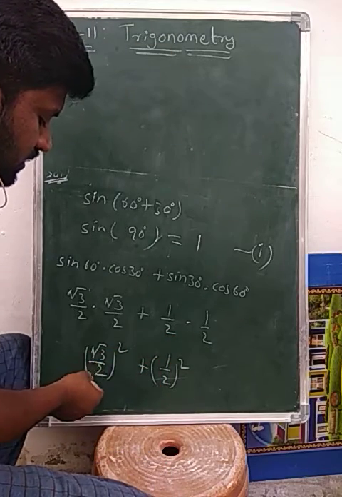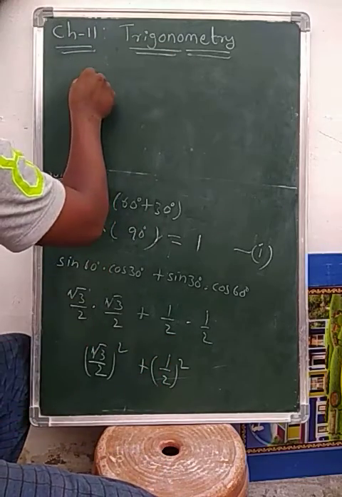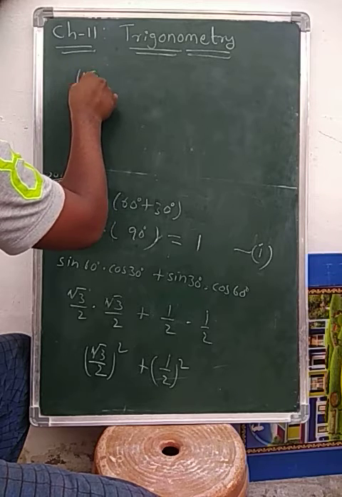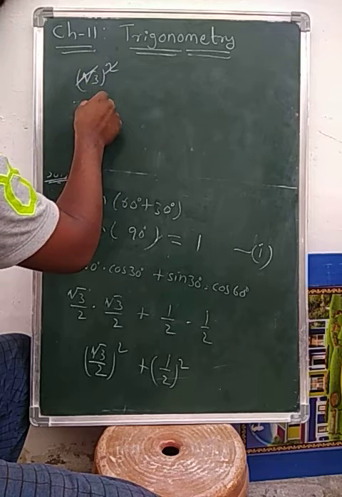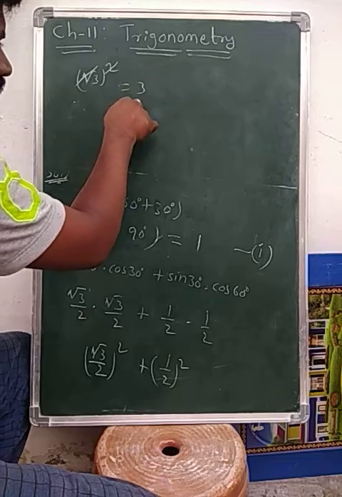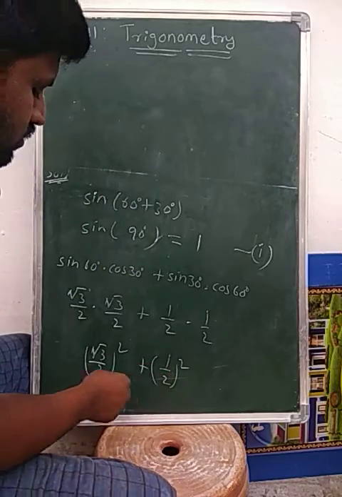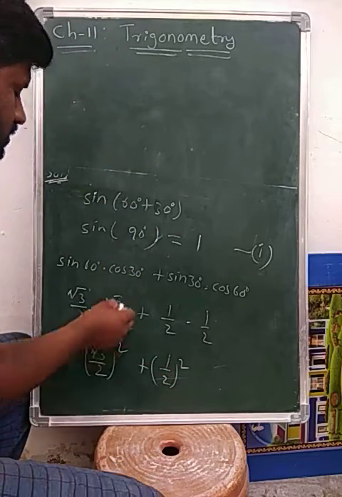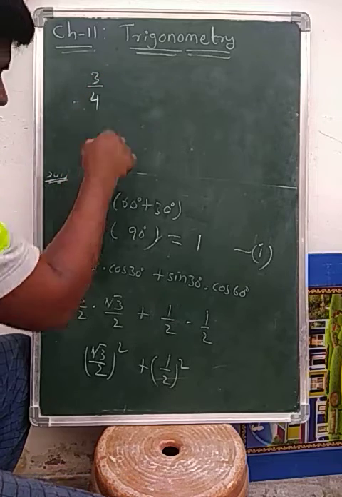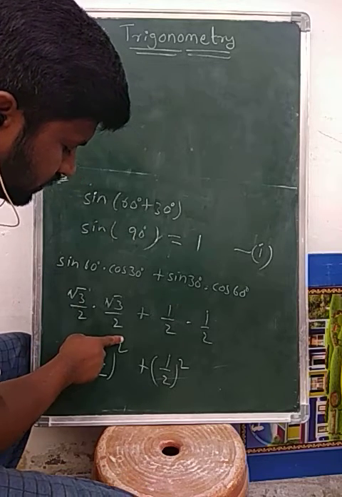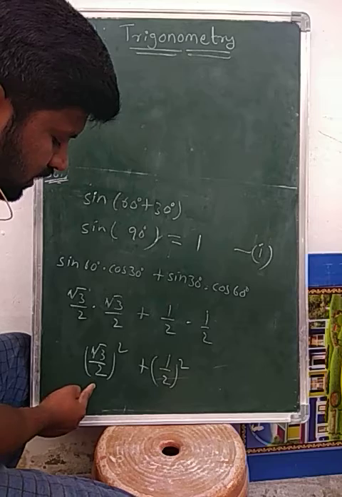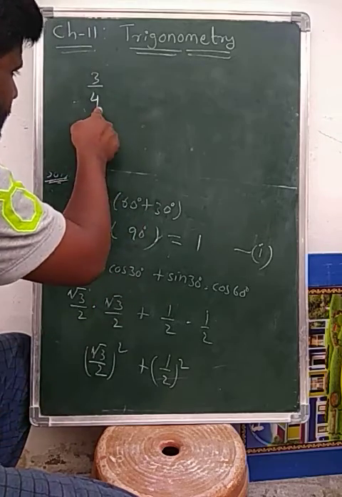So root 3 whole square, that is, the square and root cancel, simply we get 3. Okay? So root 3 by 2 whole square means that is 3 by 4. Because root 3 whole square, square and root cancel, but 2 whole square means that is 4.